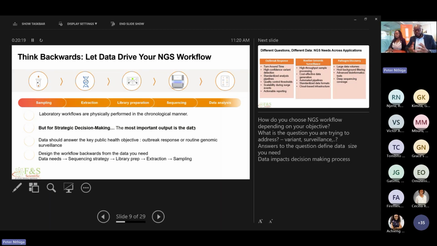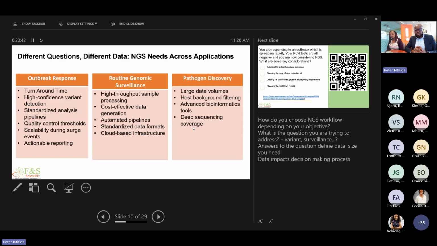Because we tend to have scenarios where we have these sequencing platforms, you've generated your data, and then it takes quite a while to put that data beyond the lab, to publish it out there and inform public policy and public health decisions. And the key questions that we should address, of course, should be guided by the objective that we are trying to aim at.